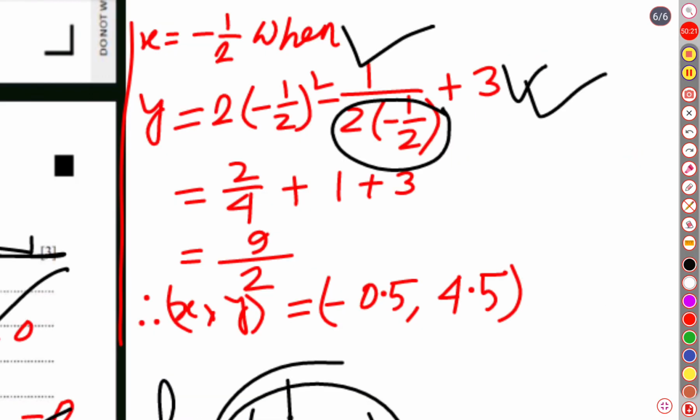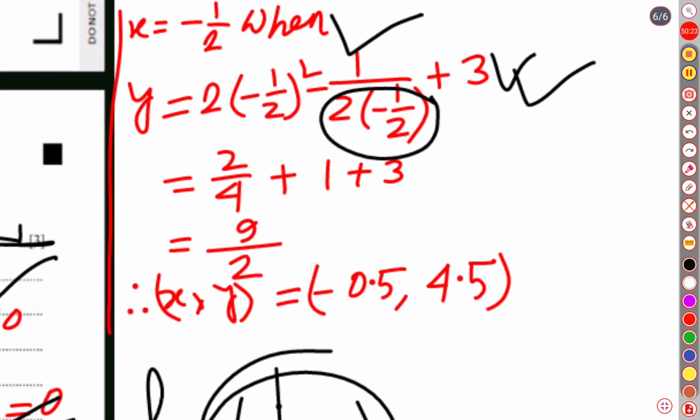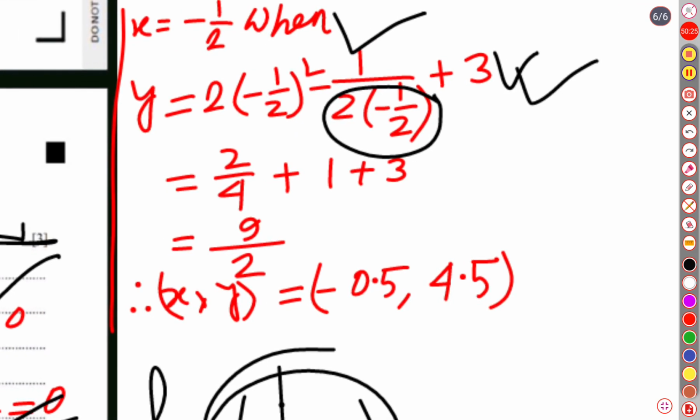negative square means positive, it has become positive now. So it's 2 times 1 over 4, since half square means 1 over 4, and these two negative symbols produce a plus symbol, so plus 1, and the 2s reduce, so it is 1, and the third term is 3.